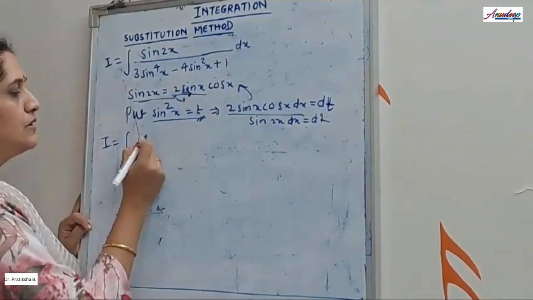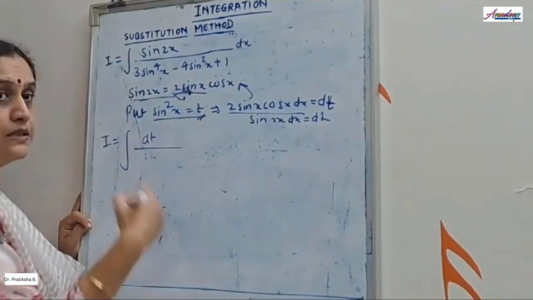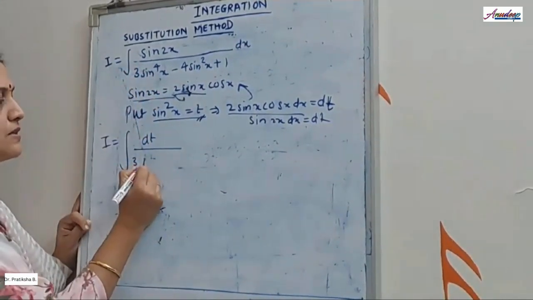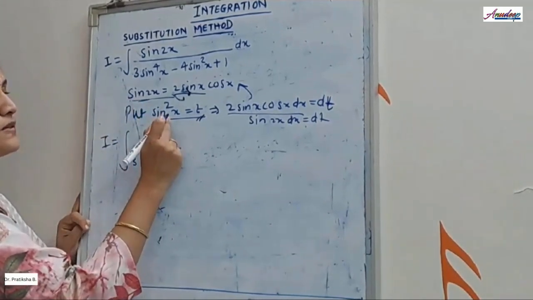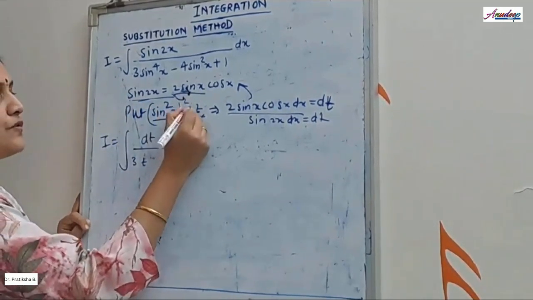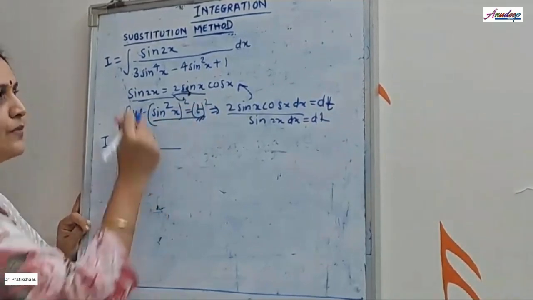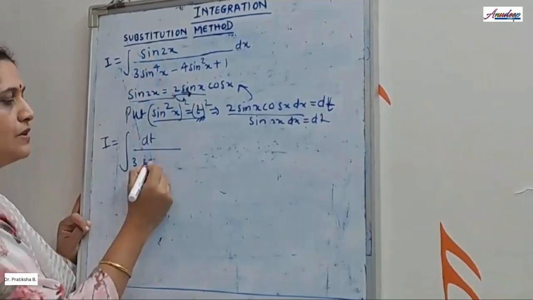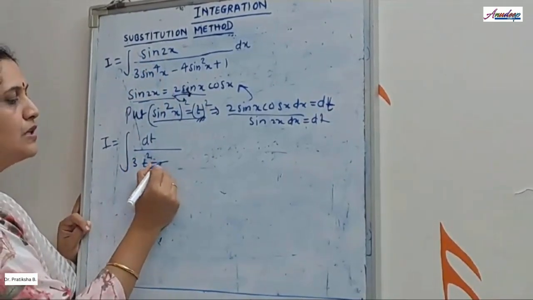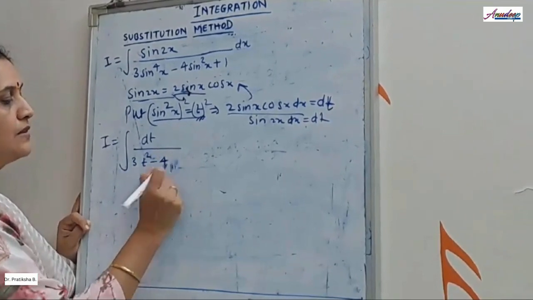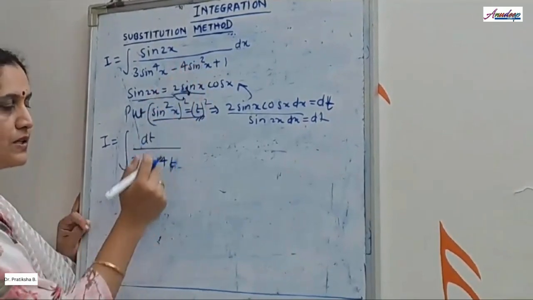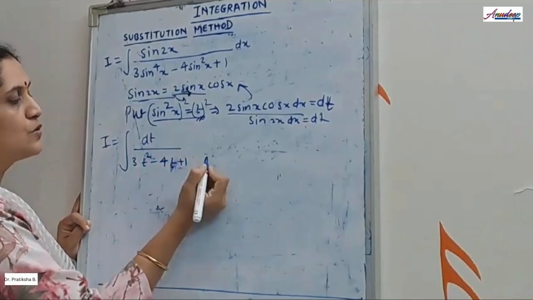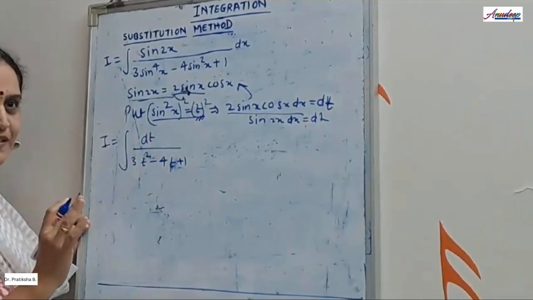So my numerator changes to dt, and in the denominator, sine square x is t, so sine raised to 4 x will be t square. The denominator becomes t square minus 4 into t, that is sine square x equal to t, plus 1. So it simplifies my problem, isn't it?